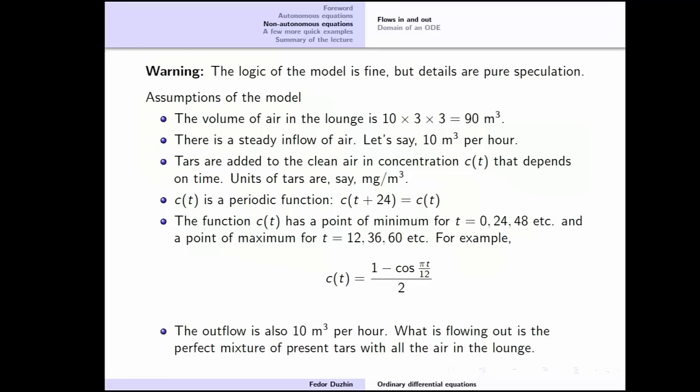Then the outflow is 10 cubic meters per hour, but the difference is that what is flowing out is the perfect mixture of existing tars with fresh air.